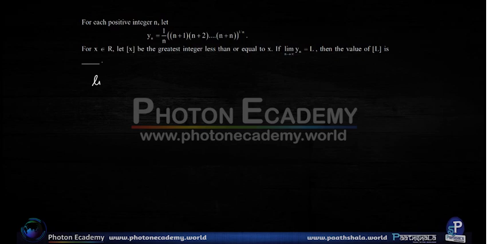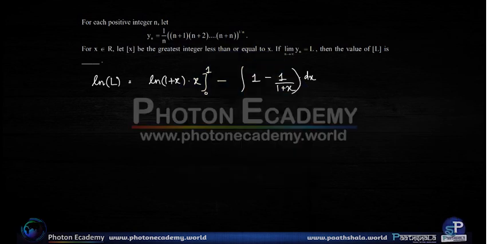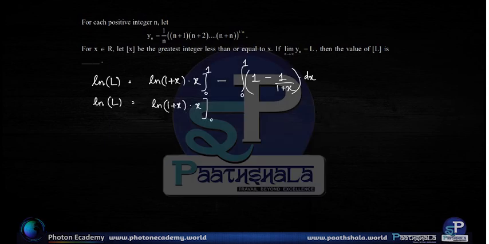So ln L is equal to ln(1 plus x) into x from 0 to 1, minus [x minus ln(1 plus x)] with limits 0 to 1.